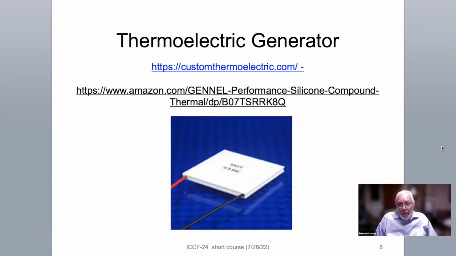The thermoelectric converter also has to be bonded to a sink for the power that's passing through it, usually a piece of metal. And so a compound that has good thermal conductivity needs to be applied between it and the sink for the energy. That bonding material can be obtained from this other website.